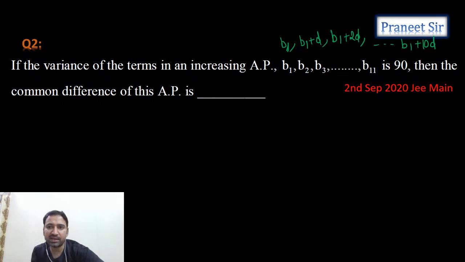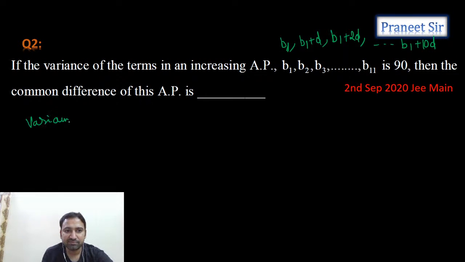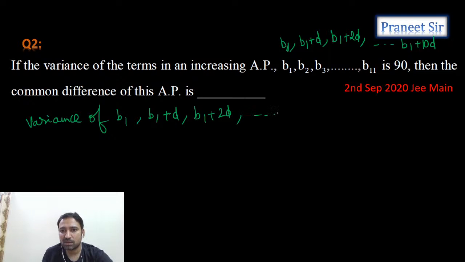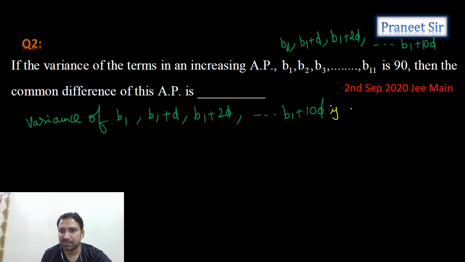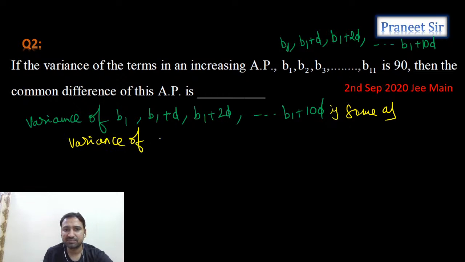But tell me, guys, is the variance of B1 plus D, B1 plus 2D, so on up to B1 plus 10D the same as the variance of 0, D, 2D, so on up to 10D or not?